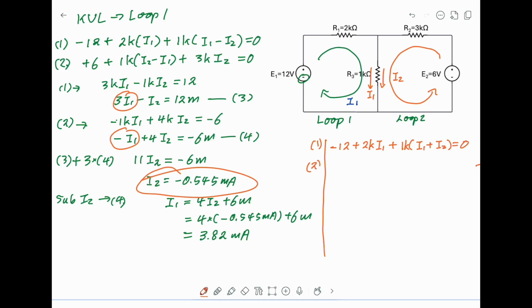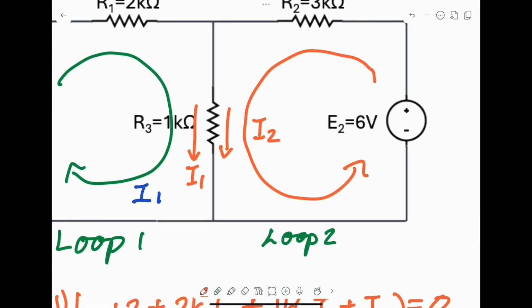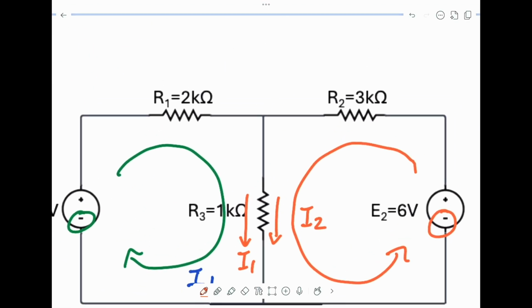Equation 2 will become, because I2 enters 6 volts from the negative side, negative 6, and this time again I2, so this is V2.